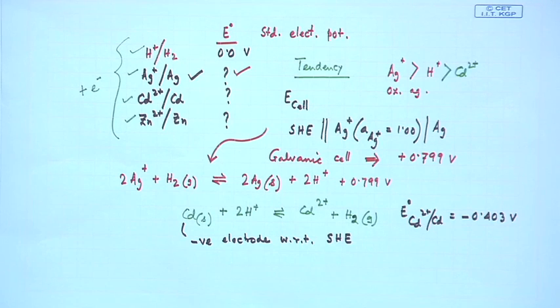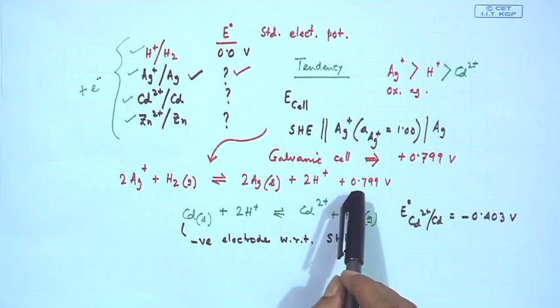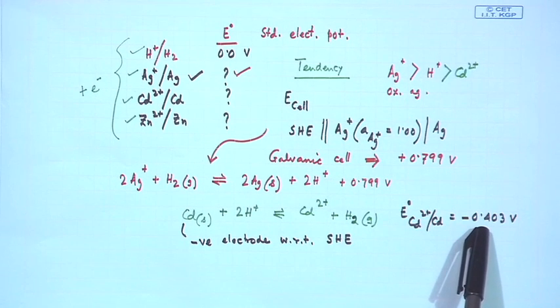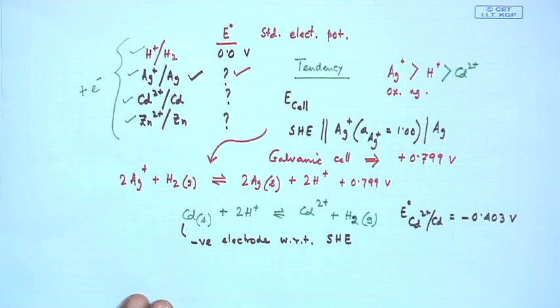So, you see the position of these two will immediately tell us that one is a positive potential and another is a negative potential. This particular negative potential can be experimentally determined. What we are trying to discuss here is how we can go for the corresponding tendency, and we get this particular cadmium as the corresponding negative electrode.